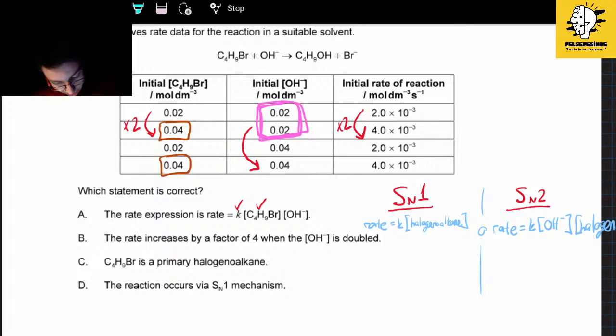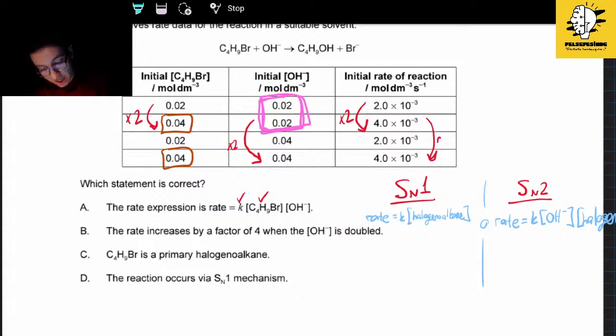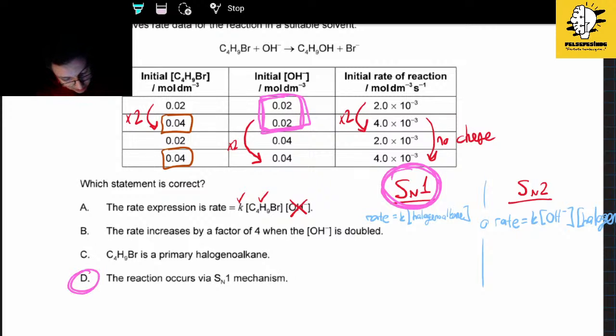What happens when we doubled it? It remained constant, no change. So did we realize that OH should not be here? Because this is an SN1 reaction. For those of you who are careful, you already realize that the answer would be SN1 mechanism, D.